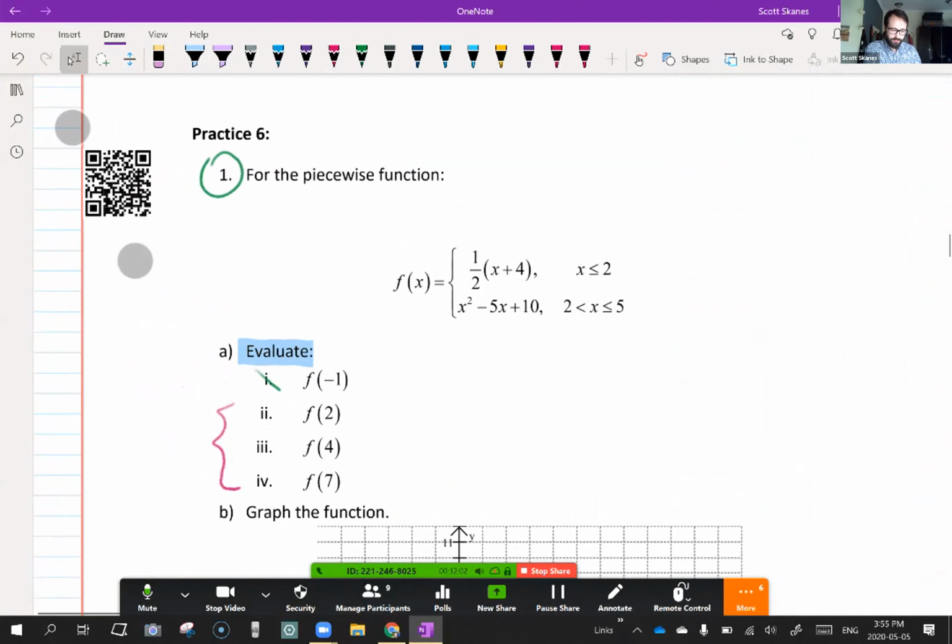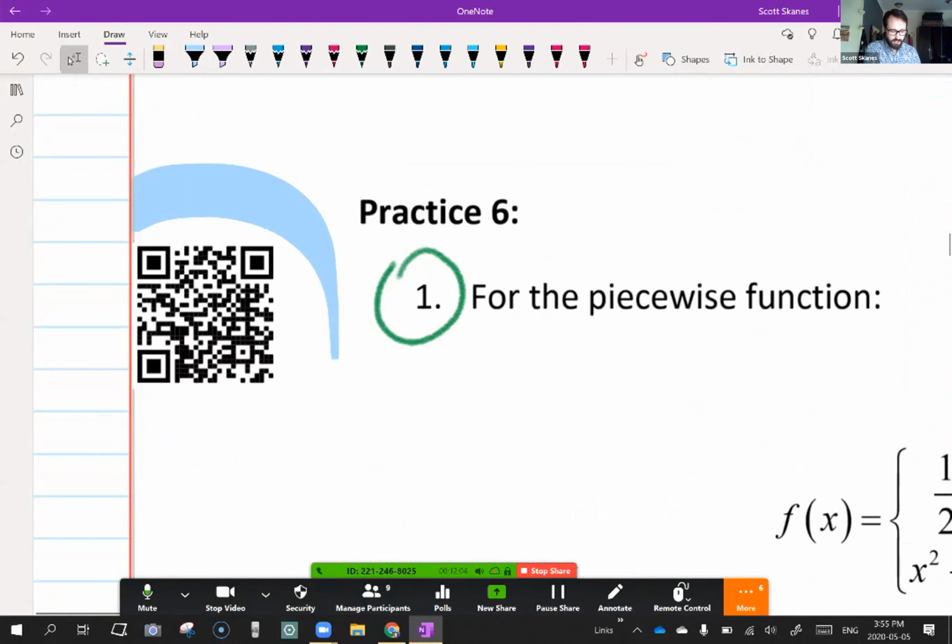By the way, I said this before, but these QR codes here, they're not just random glitches on the page. Many of you probably already know this. If you go to your phone, open up a QR code reader and just point it at the QR code, it'll bring up something that I've created that I think would be helpful to understand this question. In this case, I've made the piecewise function.